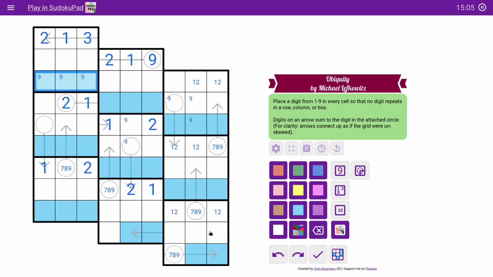We know they don't contain a 9. What else can we say about them? They don't contain a 9, they don't contain an 8. And they don't contain a 7. But they could be 6, 3. 6. Oh no, they can't be 3. They can't be 3. Aha.